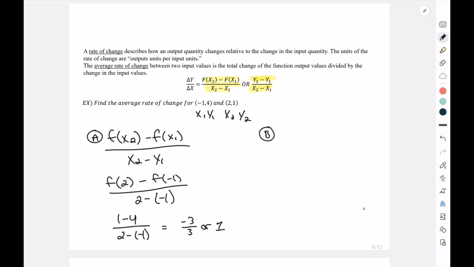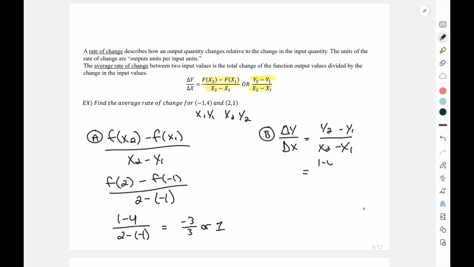We could also look at y2 minus y1 all over x2 minus x1. So we would have this delta y, or the change in y, all over the change in x, equaling y2 minus y1 all over x2 minus x1. We plug those values in.